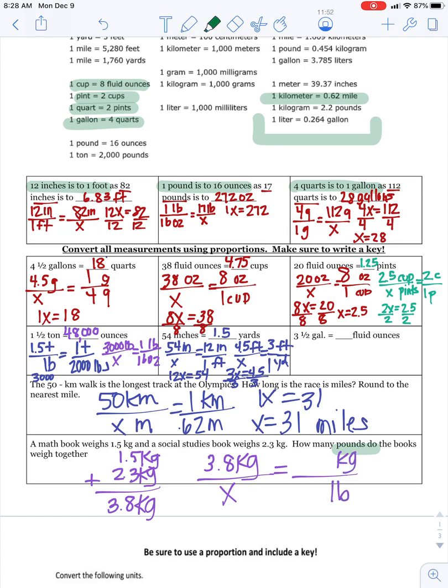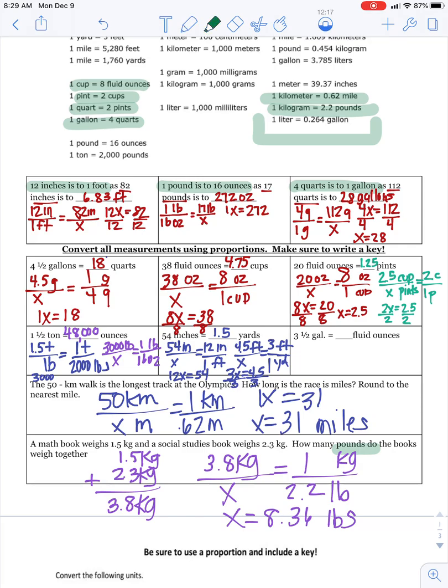And back in my conversion chart, kilograms to pounds is right below kilograms to miles. So I'm going to do 1 kilogram over 2.2 pounds. So 3.8 times 2.2 is equivalent to 8.36. So X is equal to 8.36 pounds. And that's it.